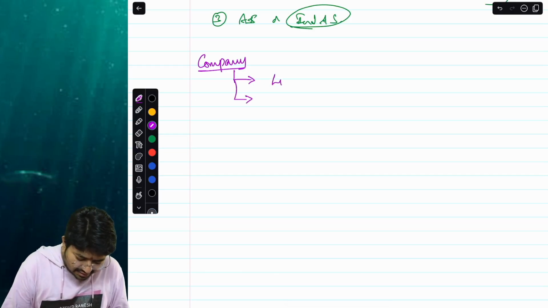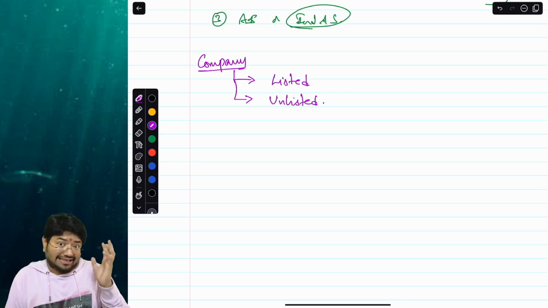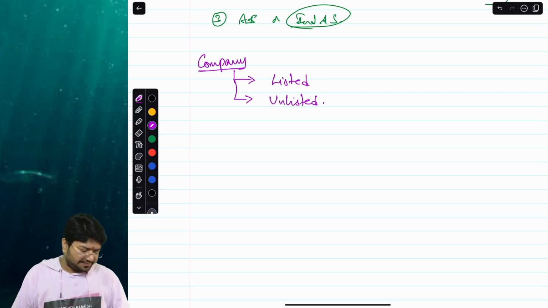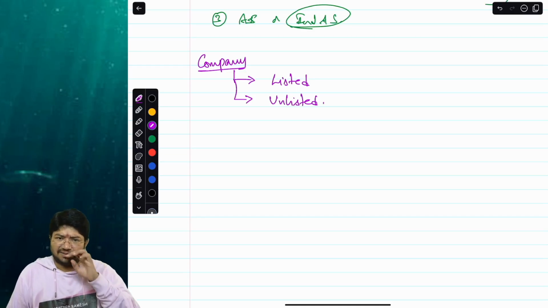One is listed, second is unlisted. I'm only talking about the other companies category. Now, when I say listed, not every entity would be considered as listed. There are a few exceptions.